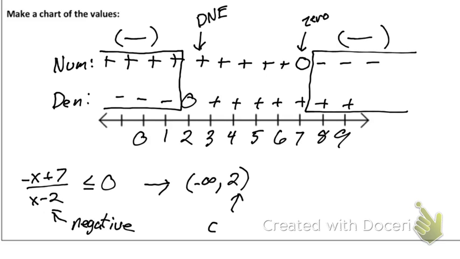In fact, it can't be 2, because if I plug 2 in here, we have 2 minus 2, which is 0. I put 0 in the denominator. That doesn't work. All right, we are going to union that with, well, we have to include our zeros. We have a 0 at 7, and then it becomes positive everywhere else.